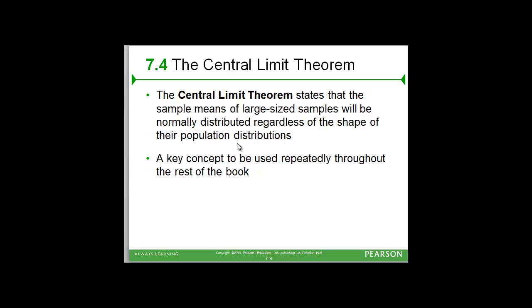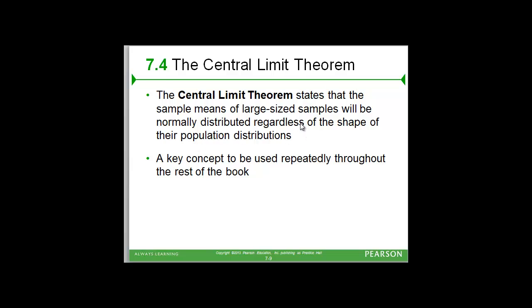Here is a very, very, very important theorem. This theorem shows us why we use a sample to prove or to know about the population. It's the central limit theorem. This theorem states that the sample means of large size samples will be normally distributed regardless of the shape of their population distributions.